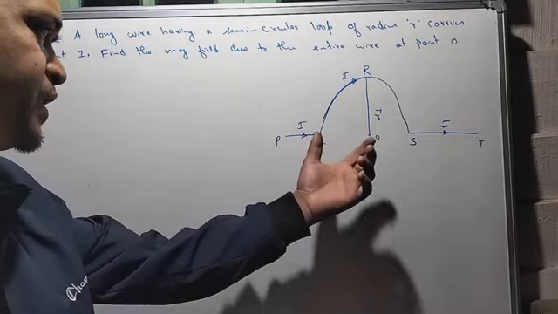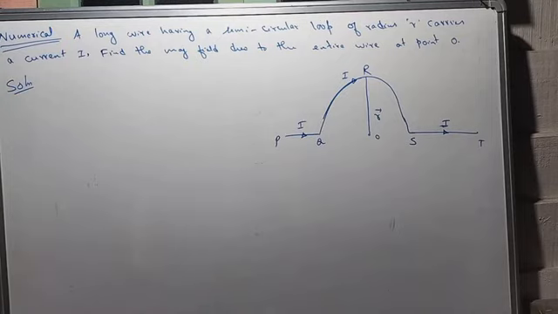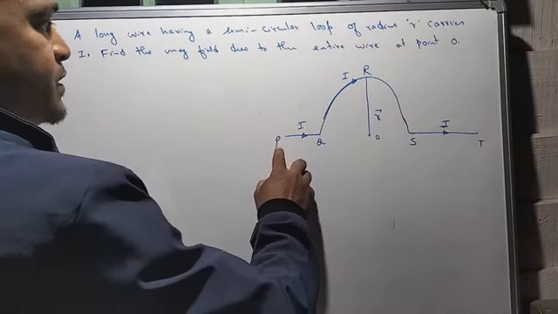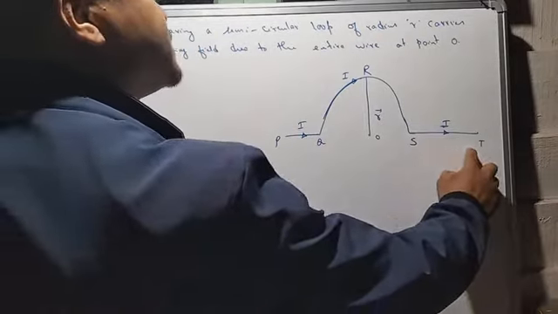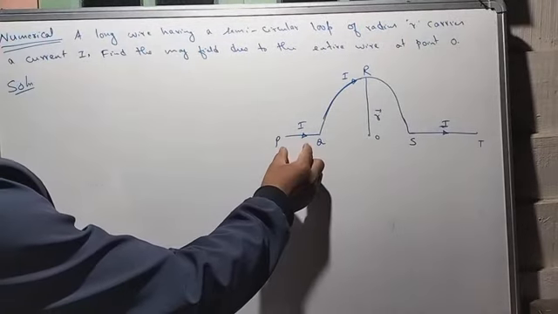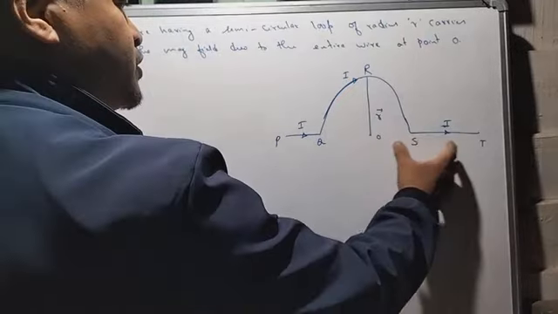As you can see in this figure, we have two types of conductors. One is straight conductors like PQ and ST. So this PQ and ST, they are straight conductors.